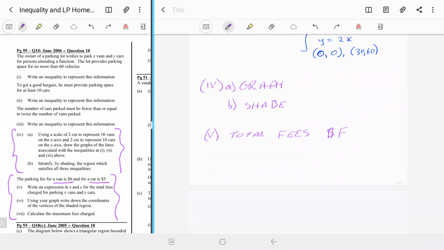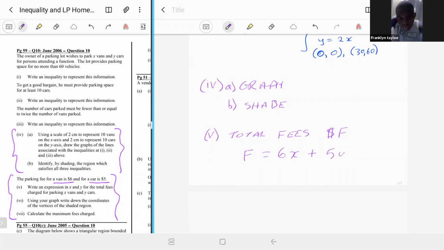So what will F be equal to? F would be equal to 6x plus 5y. Very good. That's going to give you your total fees.